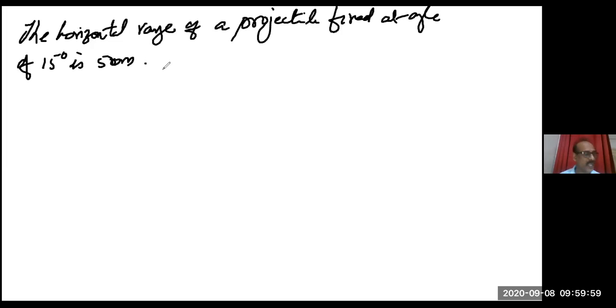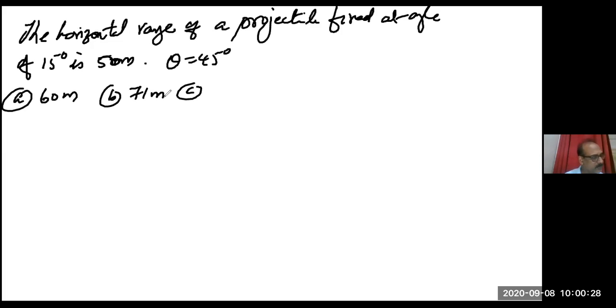If it is fired with the same speed at an angle of 45 degrees, its range will be: 60 meter, 71 meter, 100 meter, 141 meter.